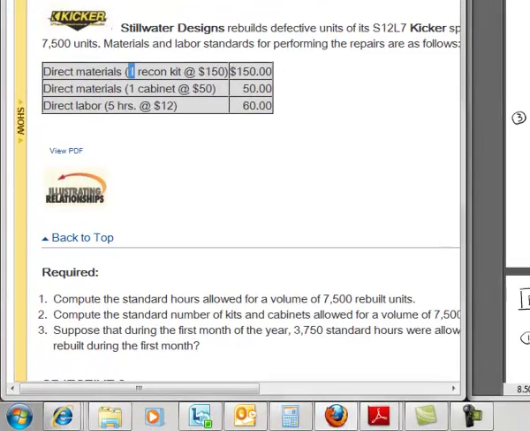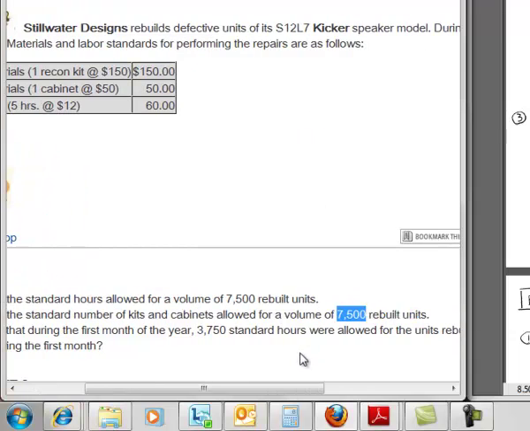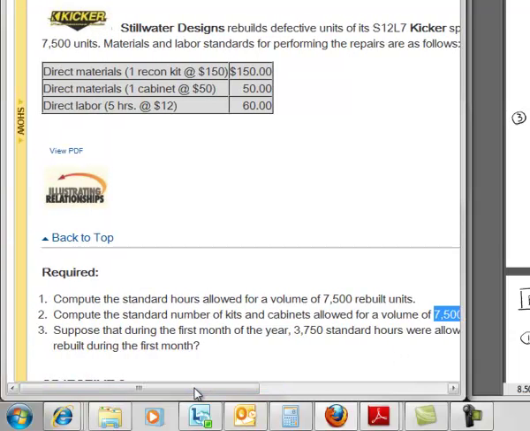You can see it's one recon kit, one cabinet, and again the volume, the actual output, is 7,500. Looking at the calculations here, it's the same for both types of direct material. It's just our one unit quantity standard times the actual output. So it'll be 7,500 kits and also 7,500 cabinets.